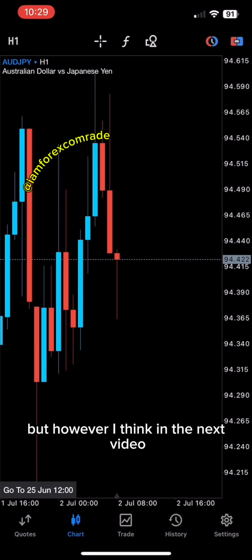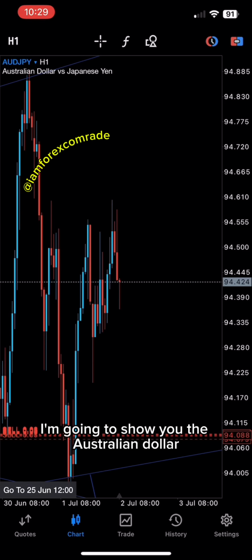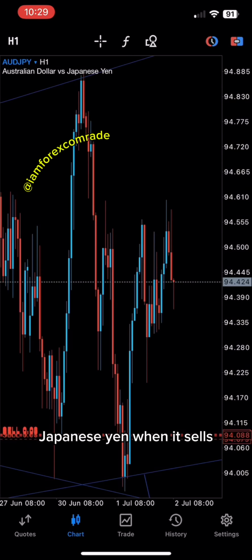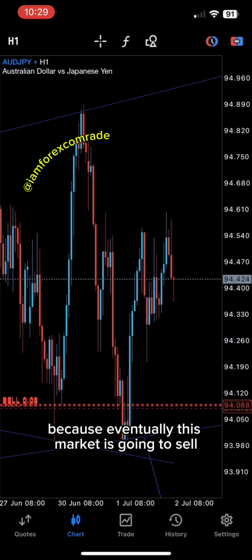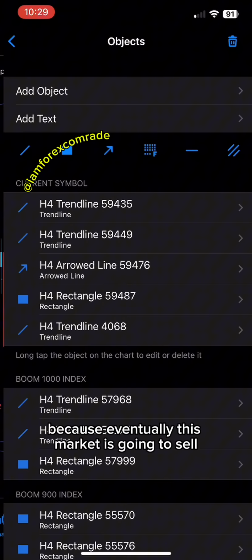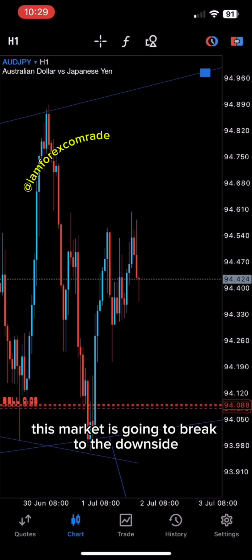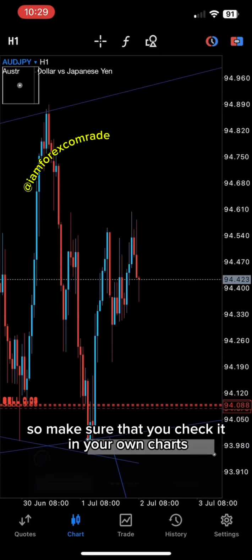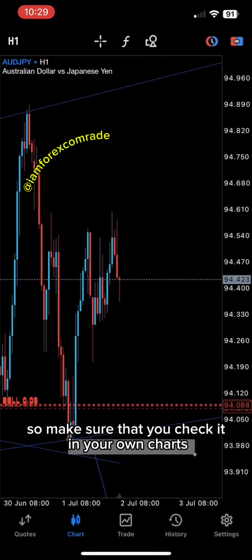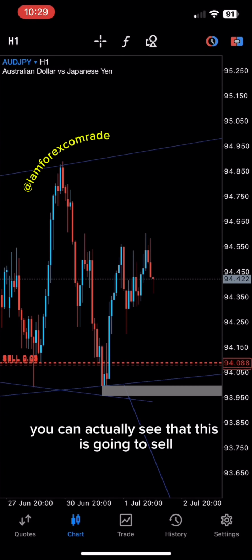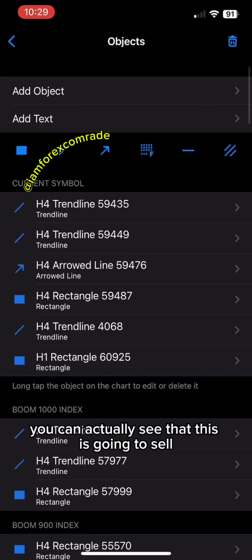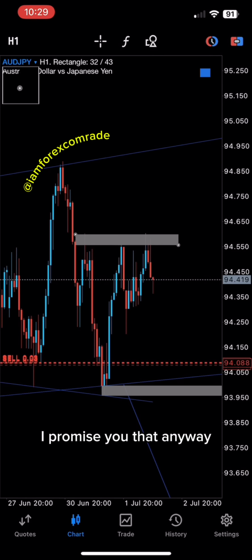However, in the next video I'm going to show you the Australian dollar, Japanese yen when it sells, because eventually this market is going to break to the downside. So make sure that you check it in your own charts. You can actually see that this is going to sell. I promise you that.